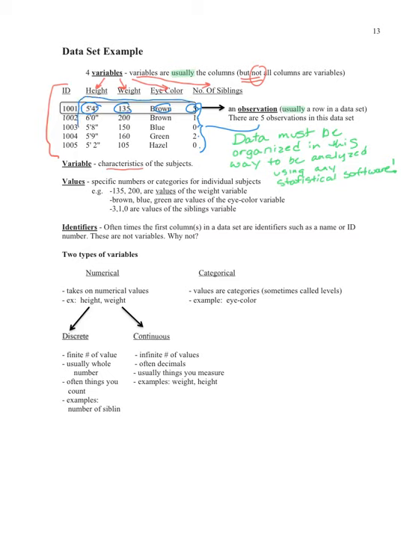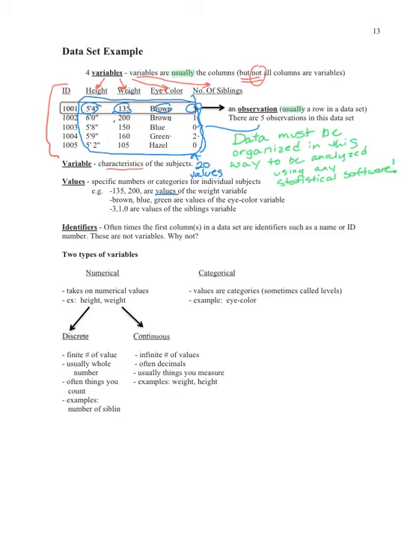So, for example, we look here, there's 20 total values. So, for example, 135, 200, 150, 160, 105 are all values of the weight variable. Brown, blue, green, hazel are all values of the eye color variable.